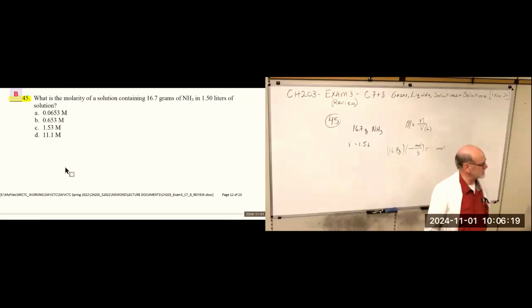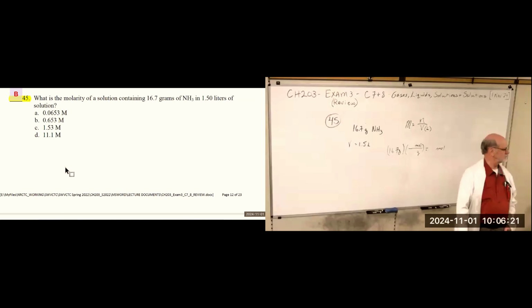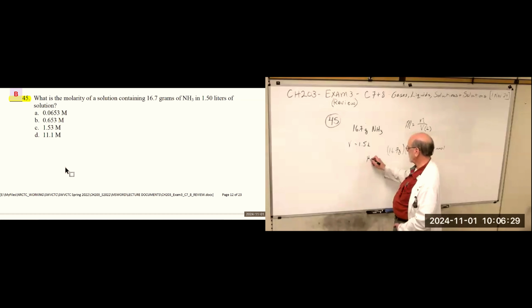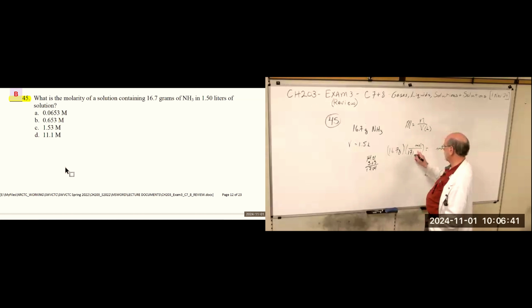Well, let's see. Nitrogen is what? 14.01, I think. Yeah, 14.01. And hydrogen is 1.01 times 3. That gives 17.04.